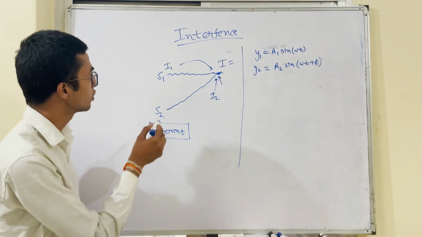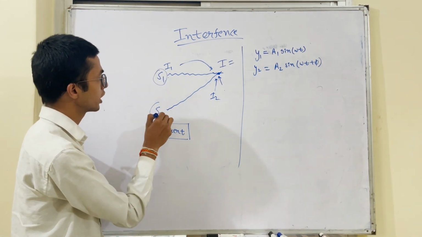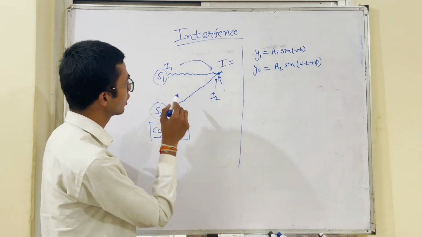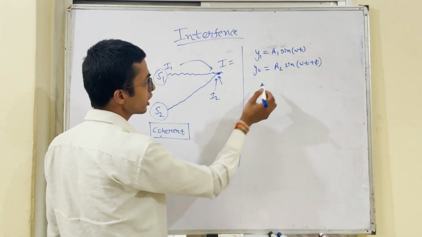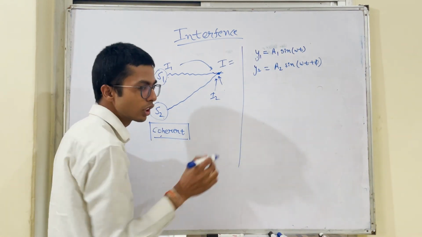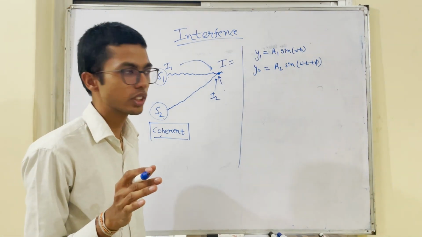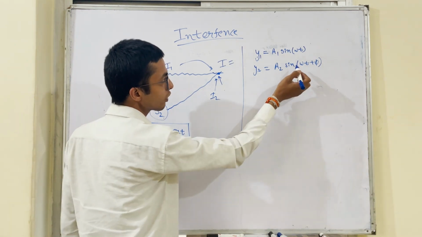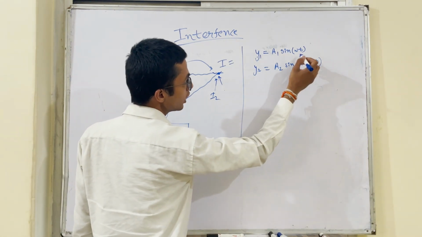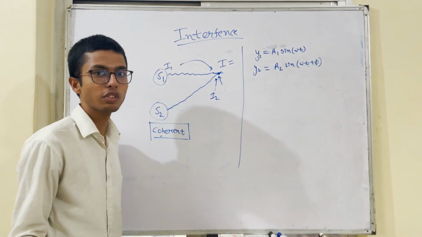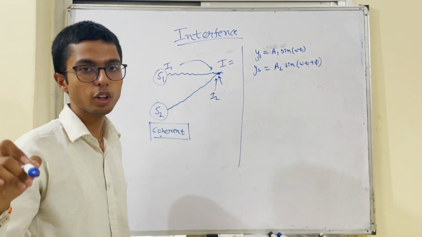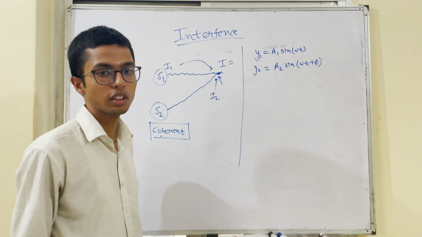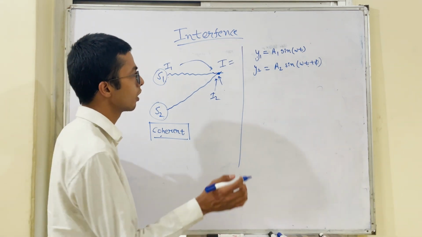Coherent means the frequency of the sources should be the same, the wavelength of the waves should be the same, and the phase difference between the two waves should be either zero or a constant phase difference. Here, what is the phase difference? Omega t plus phi minus omega t, which comes as phi, a constant phase difference. It should not come in terms of omega t, in terms of time. That will not act as a coherent source.